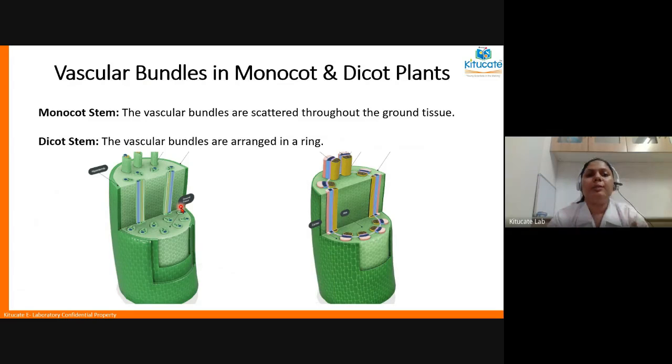But in case of a dicot stem, there is a ring, there is a periphery. So all these vascular bundles are aligned on the ring. They are not scattered here and there.